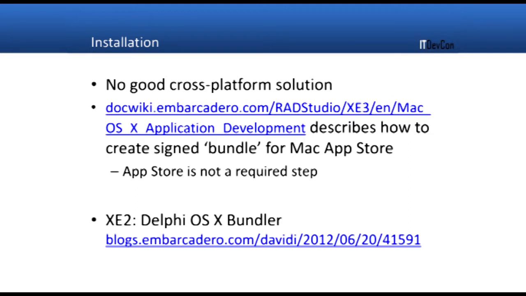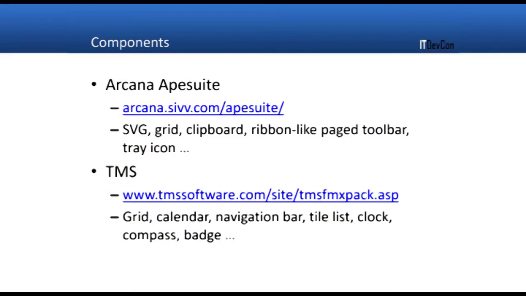People ask me a lot if there are any third-party components already available for FireMonkey. Well, there are, but not many. Arcana has released the ApeSuite package quite long ago. It would be half a year, I think.